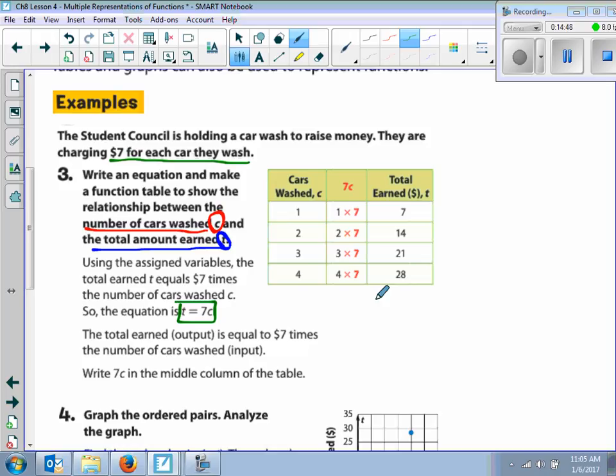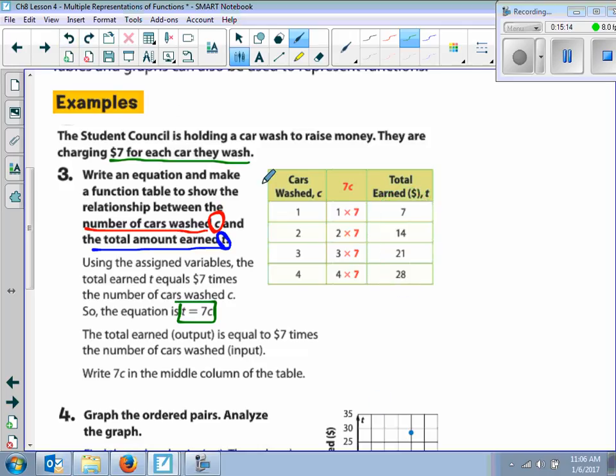No, because they're not going to wash 1.5 cars. Right? They're just going to wash 1 car, 2 cars, 3 cars, 4 cars, right? Does that make sense? All right, so here we can only use 1, 2, 3, and 4. So when you put the 1, 2, 3, and 4 in there, and then you substitute and simplify, this gives you the total amount earned.